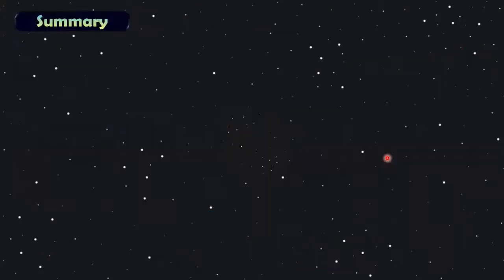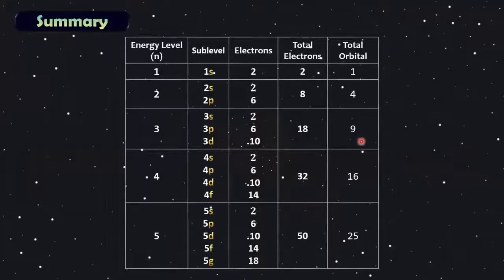We have here the summary of our lesson, no? Especially in electron configuration: the energy level, the subshell present in each energy level, the number of electrons per subshell, the total electrons per energy level, and the total orbitals, or in the orbital diagram, boxes per subshell.